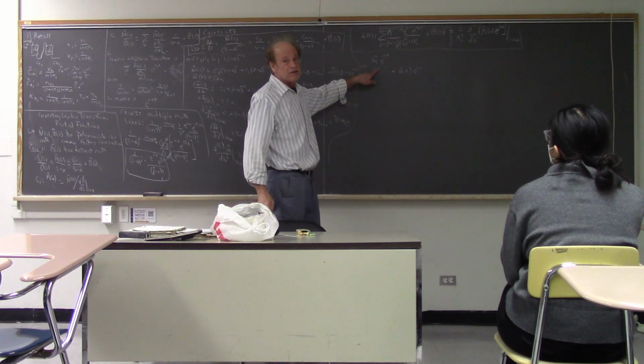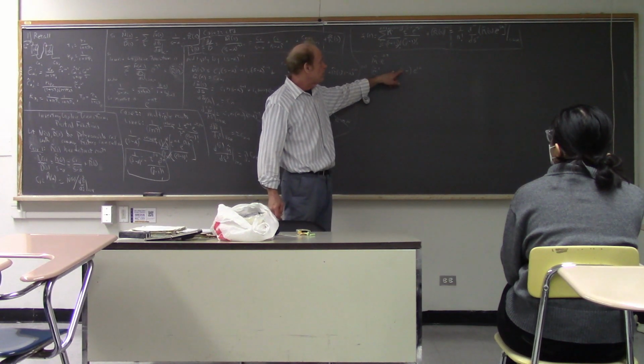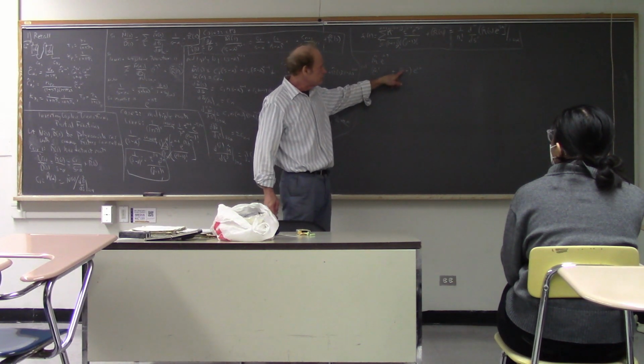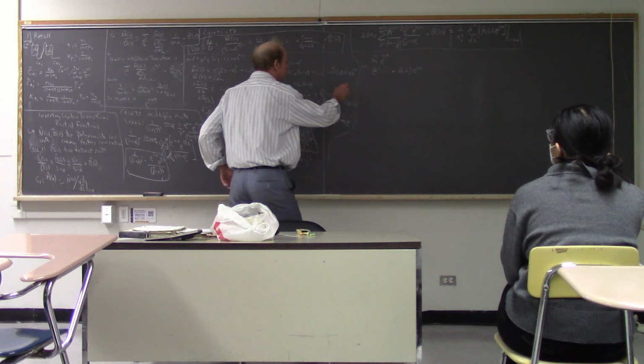Notice the number of derivatives and the power of t: one derivative, 0 powers of t; no derivatives, 1 power of t. So they both add up to 1, the number of derivatives.